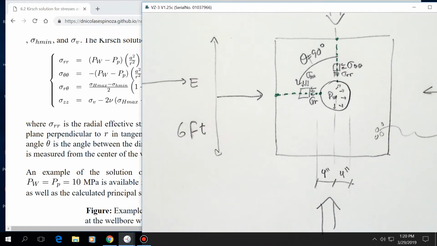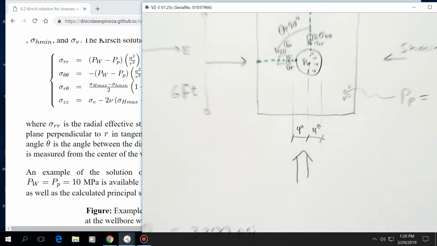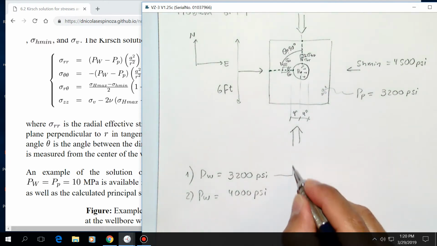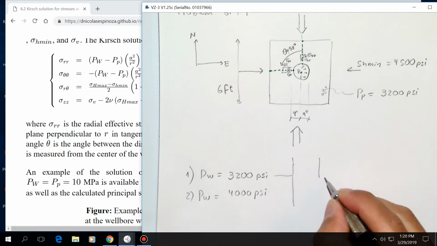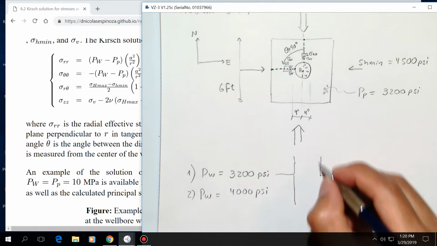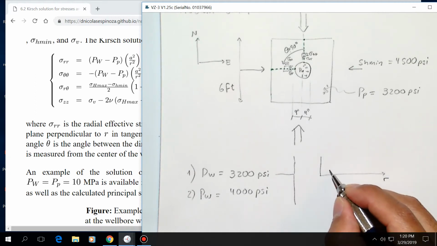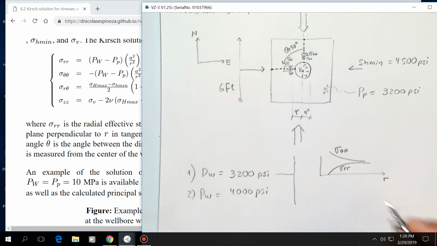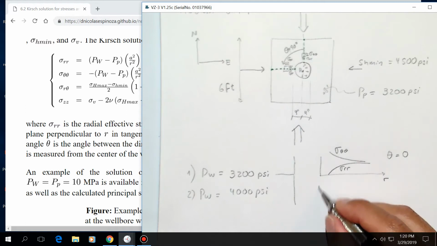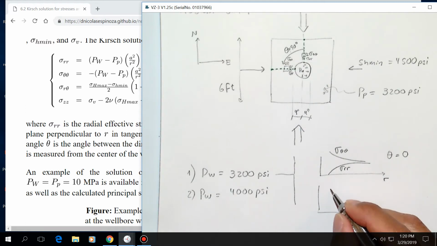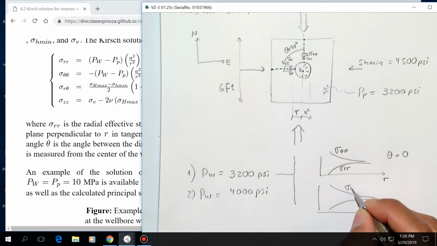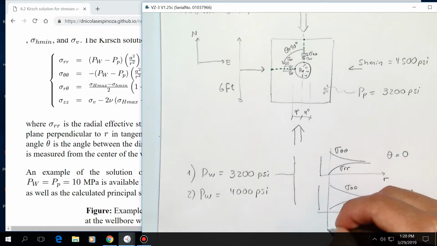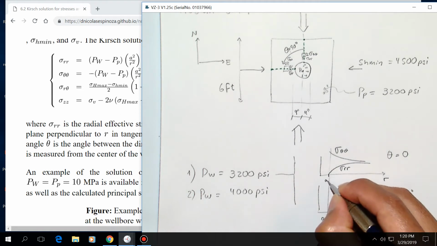Okay, let me tell you in detail what I want. For each case, I want sigma theta theta and sigma RR as a function of R for theta equal to 0, and also sigma theta theta and sigma RR for theta equal to 90 degrees, where this is A, 1A.